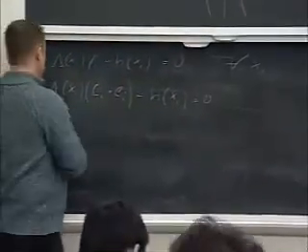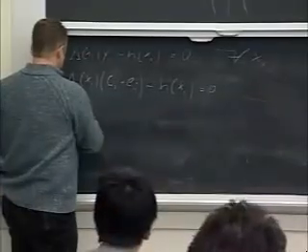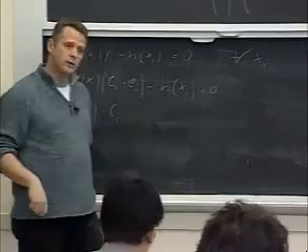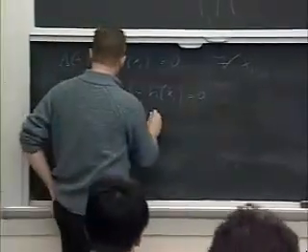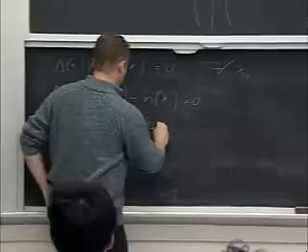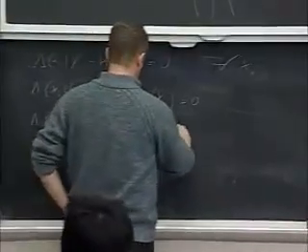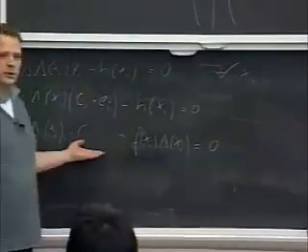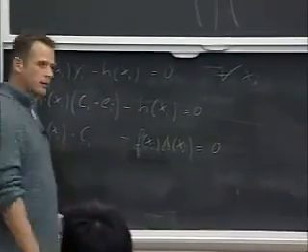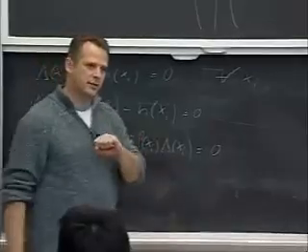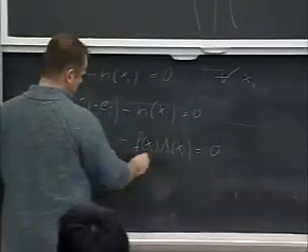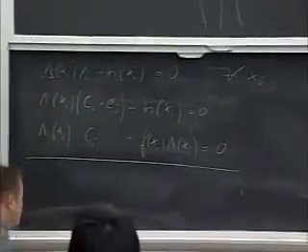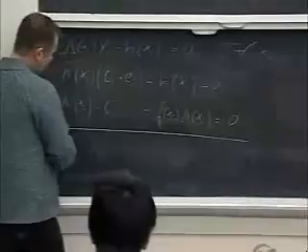This is just expanding this. We also know that we can write lambda of xi times ci alone, minus f of xi times lambda of xi, is 0. We know that this is true too, for some f, that there exists an f so that this is true too. Then let's just subtract these two things here.